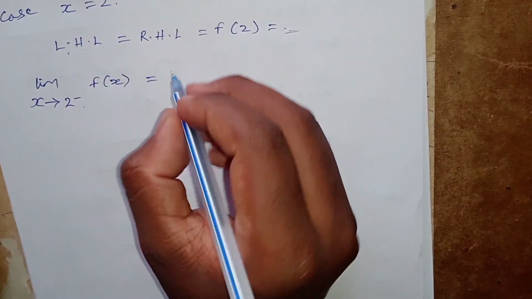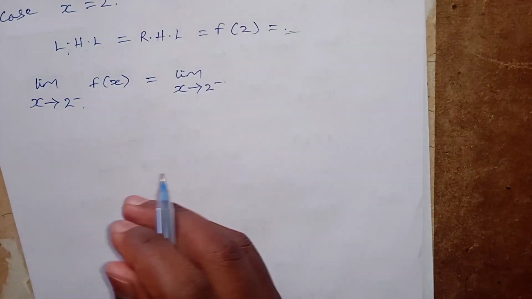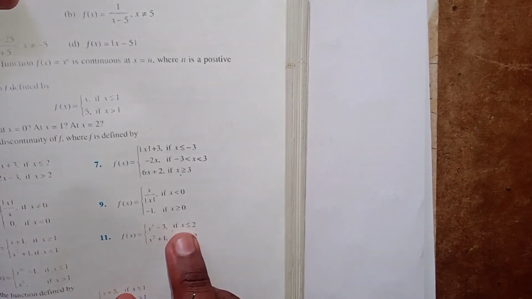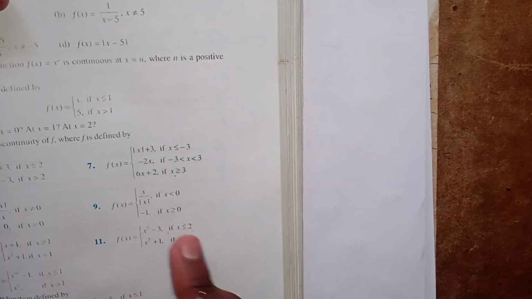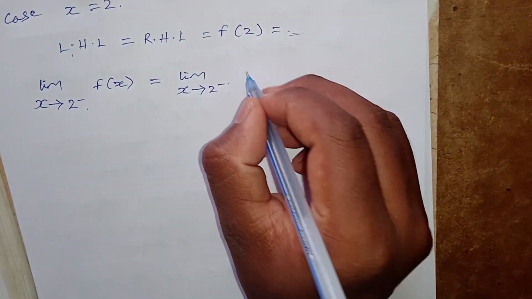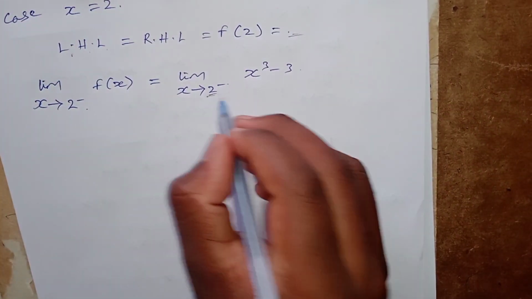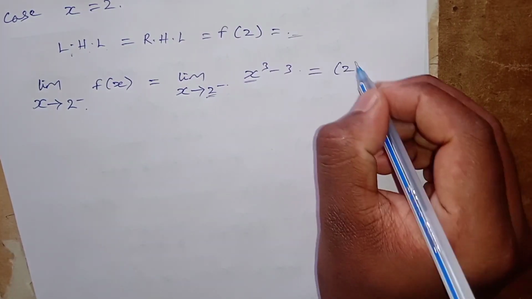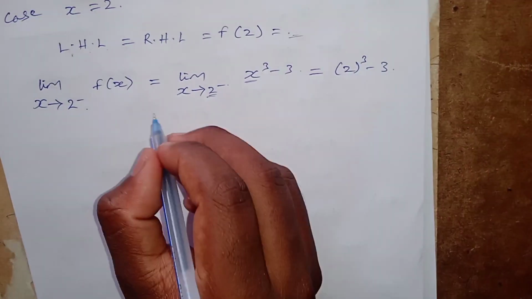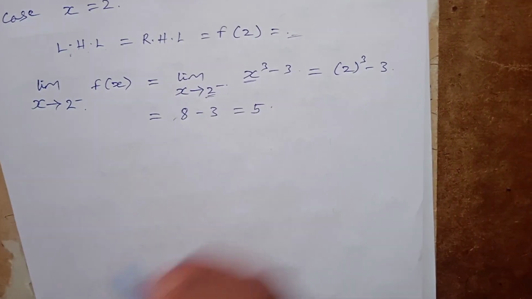Therefore here limit x tends to 2 minus, my function is less than, therefore you have to take x cube minus 3. You have to substitute your value in the place of x, therefore 2 cube minus 3, 2 cube is 8, 8 minus 3 is equal to 5.